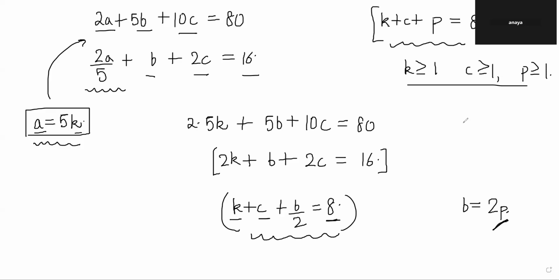So k, c, and p are all greater than or equal to 1. So we can change the equation a little bit by already saying that 1 has been given in all of these boxes. You are changing the variable and saying that instead of k, c, p, I will create new variables k dash, c dash, p dash, and I have already put 1 in all of them. So the new variables start from 0 and it will be up to 5, right?